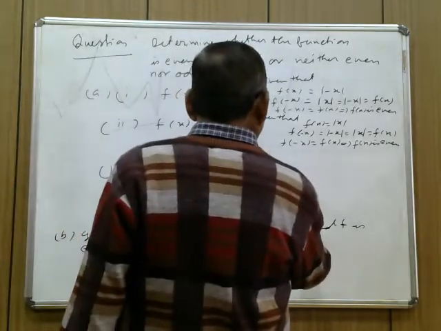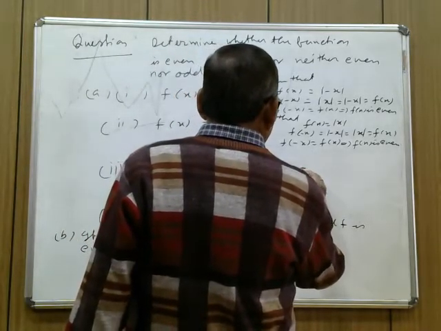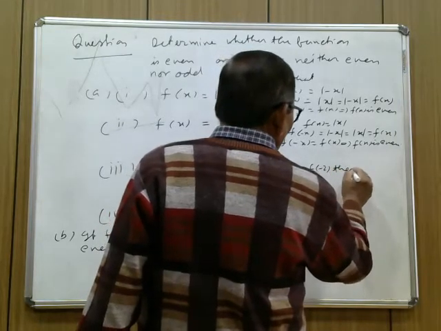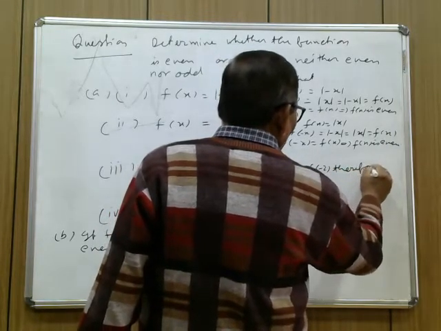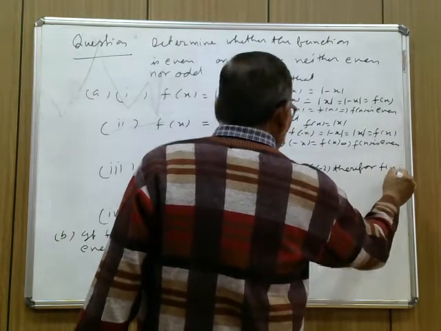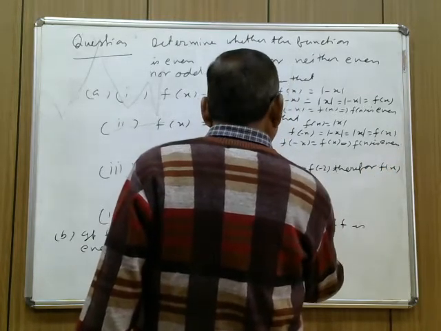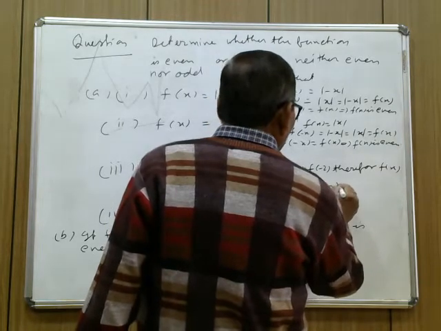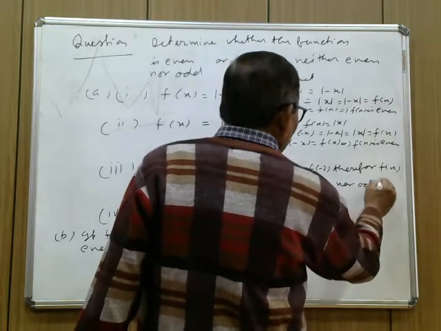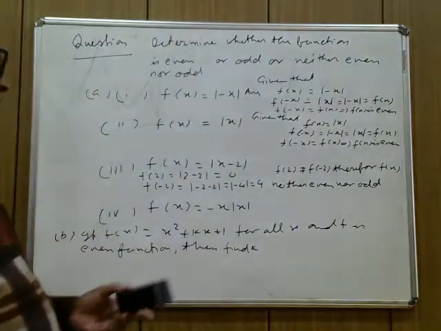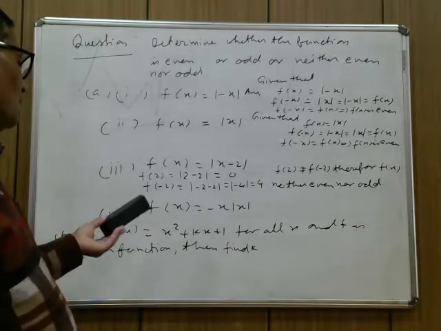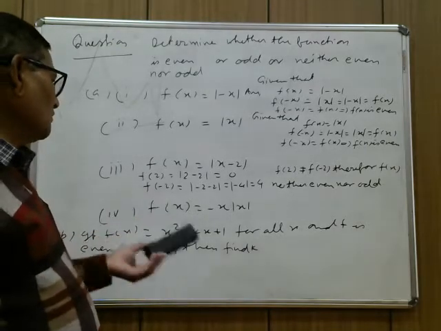This implies that f of 2 is not equal to f of minus 2. Therefore f(x) is neither even nor odd.